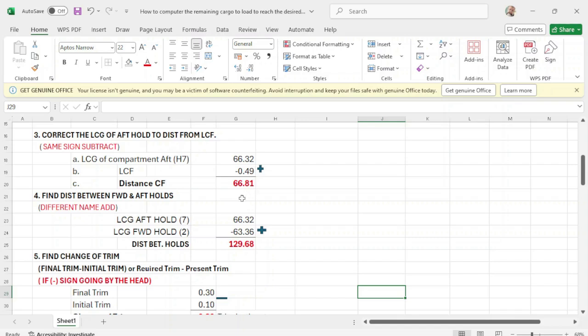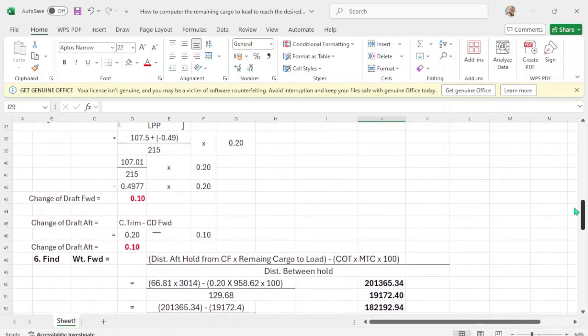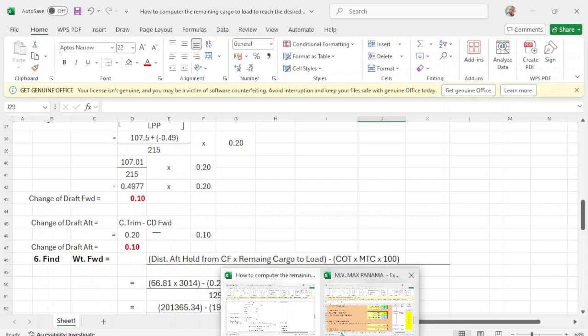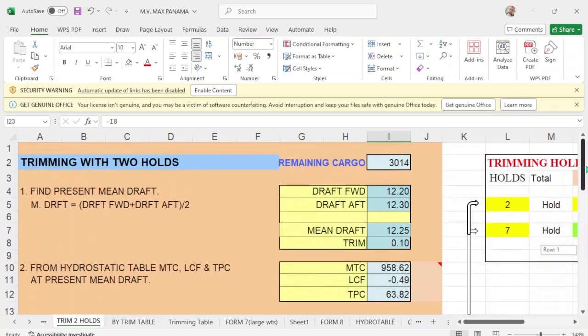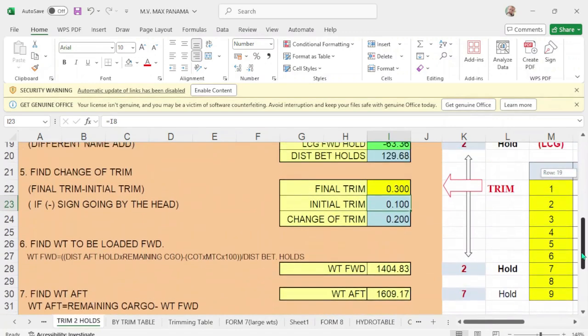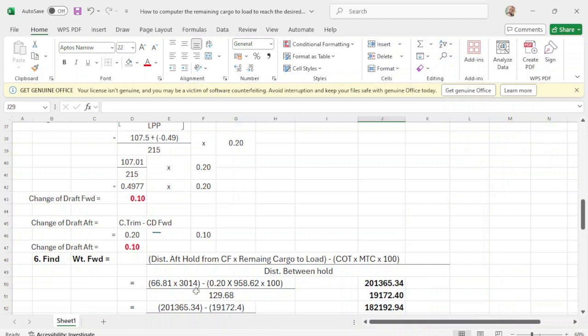It will be 66.81, times your remaining cargo of 3,104, minus change of trim.